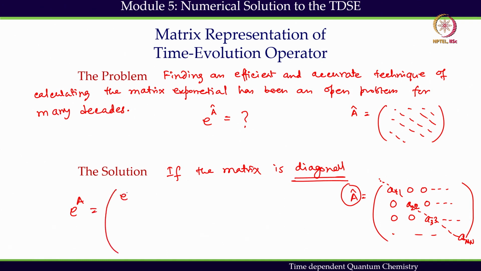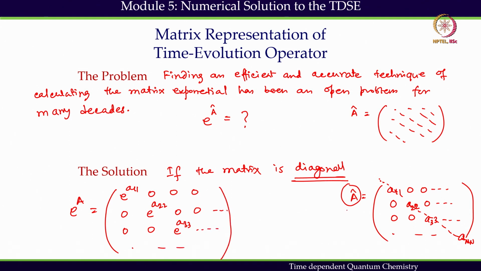It is going to be e to the power A11, 0, 0, then 0, e to the power A22, 0, then 0, 0, e to the power A33, like this.